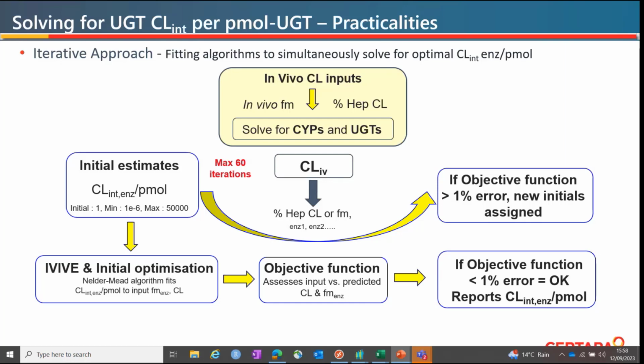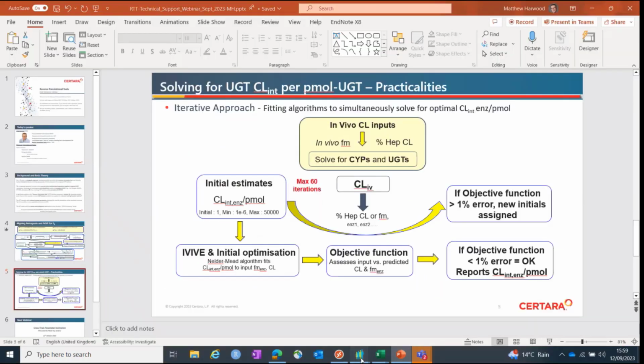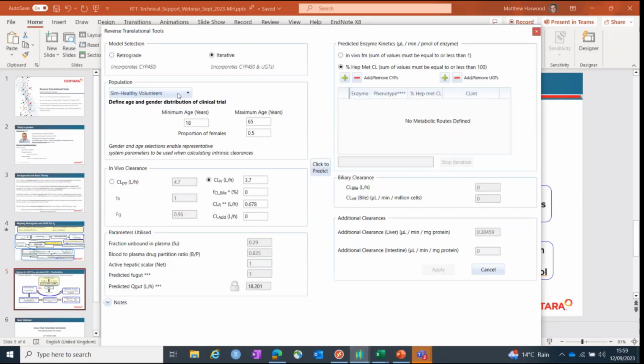Some key aspects of the iterative model are that we adopt a similar approach to the CLpo option within the iterative as the retrograde.